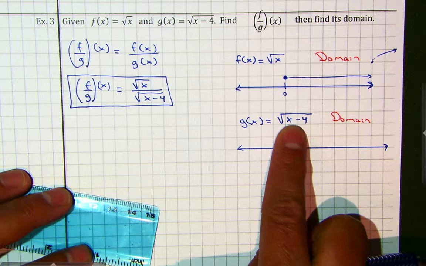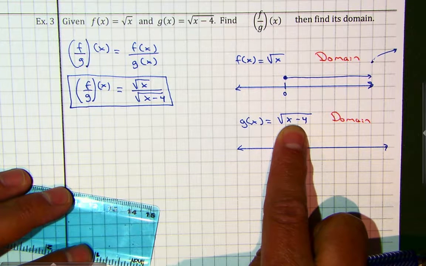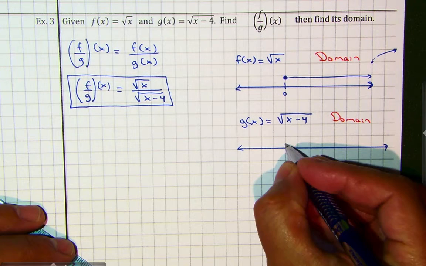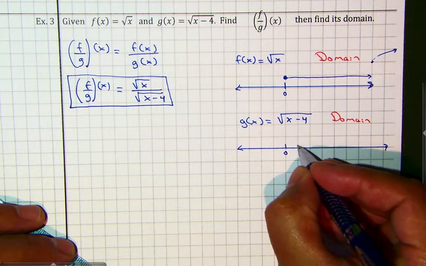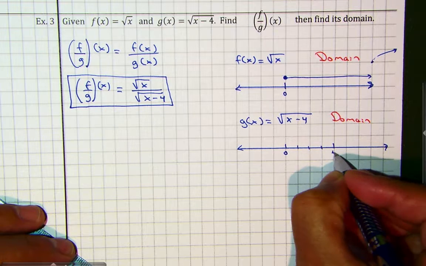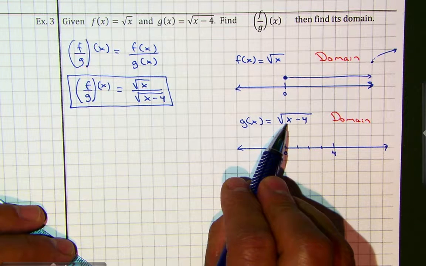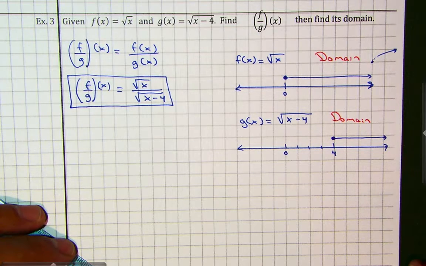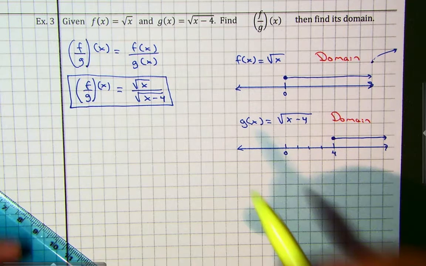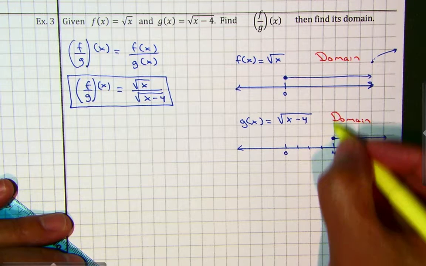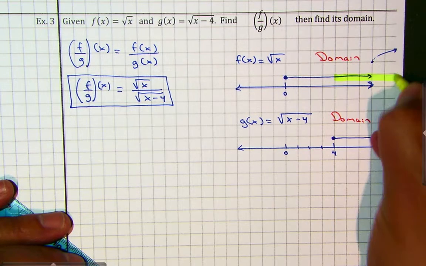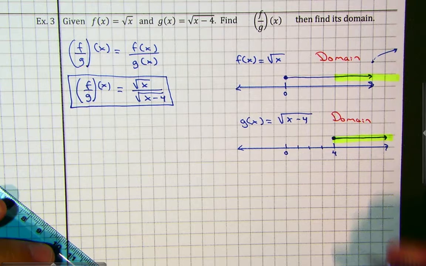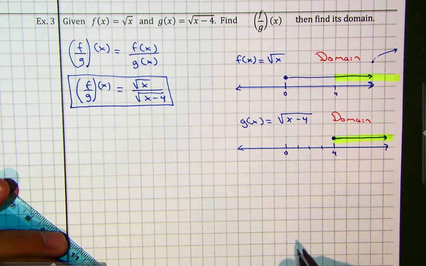So what is the smallest value that I can plug in for x? Correct, 4. If I plug in a 4, 1, 2, 3, 4, it gives me 0, and any number greater than 0 works. Now, what is common between both of them? Common between both of them will be this section here. Do you agree? After 4, they have that in common.